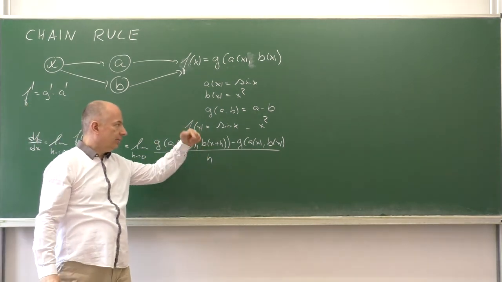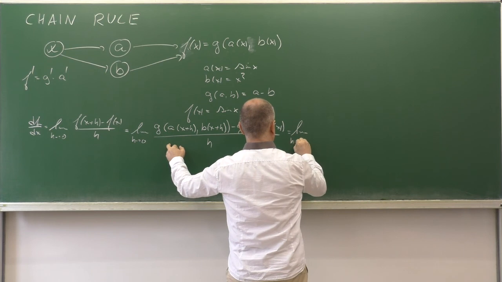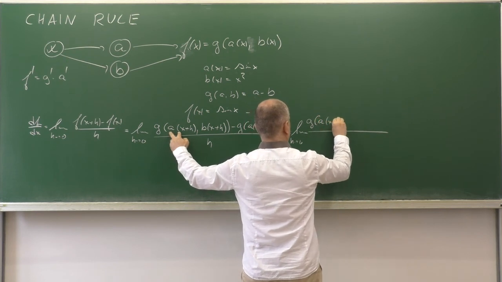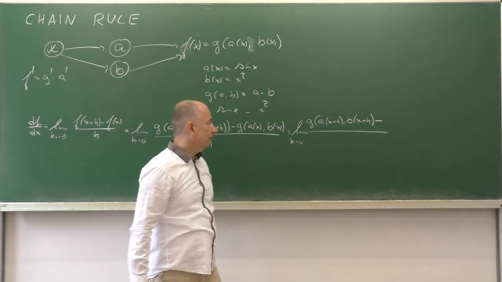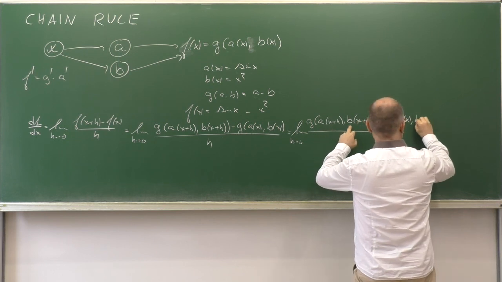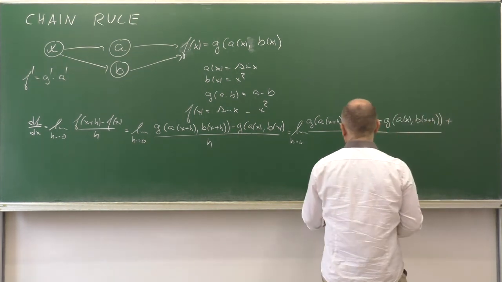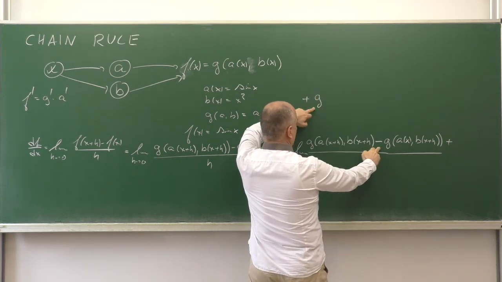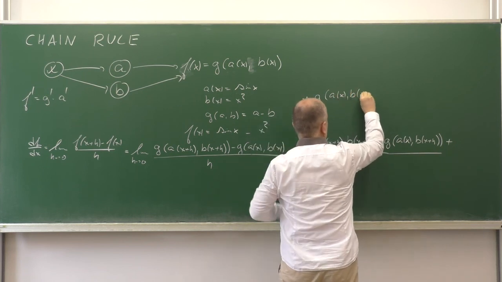And now we add and subtract one term here to arrive at the limit for h going to 0. We copy the first, g at a(x plus h), b(x plus h), minus a new term, namely g at a(x) alone, b(x plus h), plus, the same, so that we don't change the value, g at a(x) alone, b(x plus h).